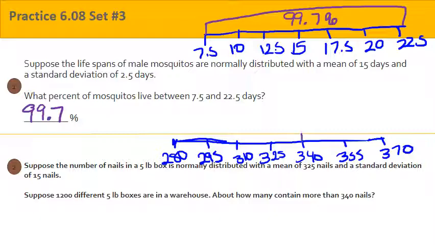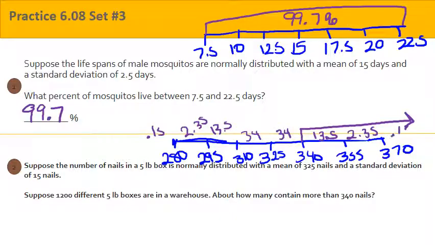All right, so about how many contain more than 340? So it's 340 going up. So write your percentages. Now don't forget, remember, 34 in the middle, 34%, 34%, and then you've got 13.5. And then you've got 2.35%. And then at the very end, you've got 0.15%. So add up 13.5, 2.35, and 0.15.